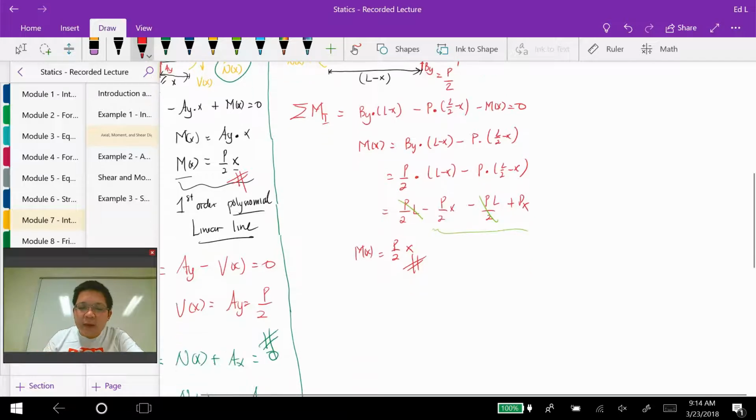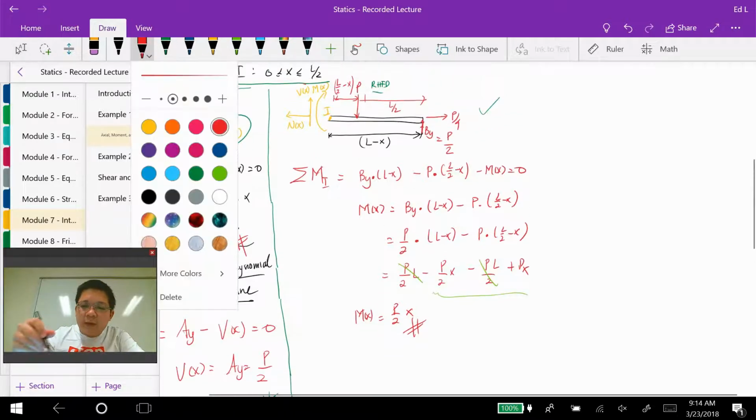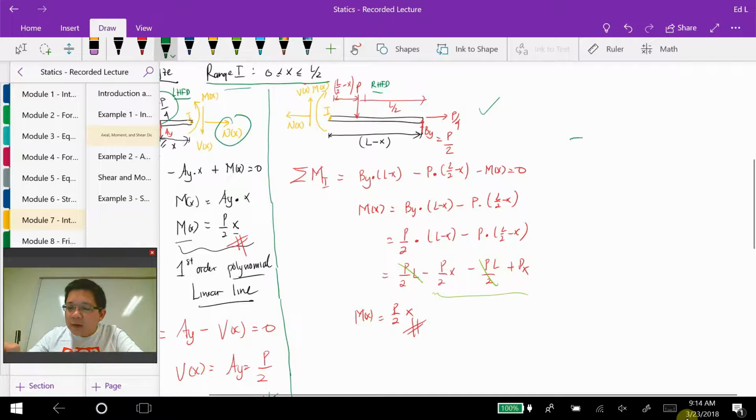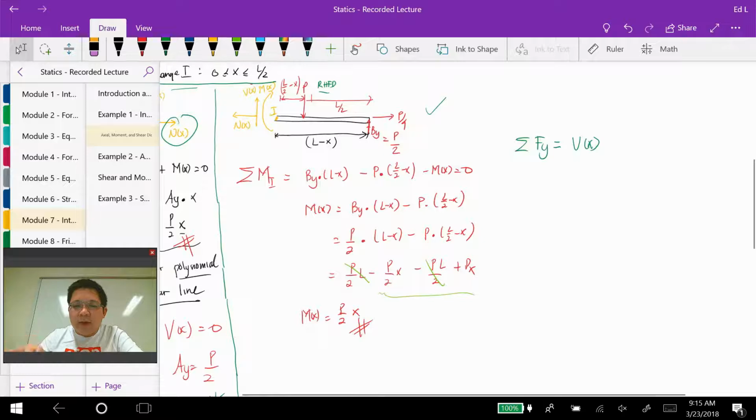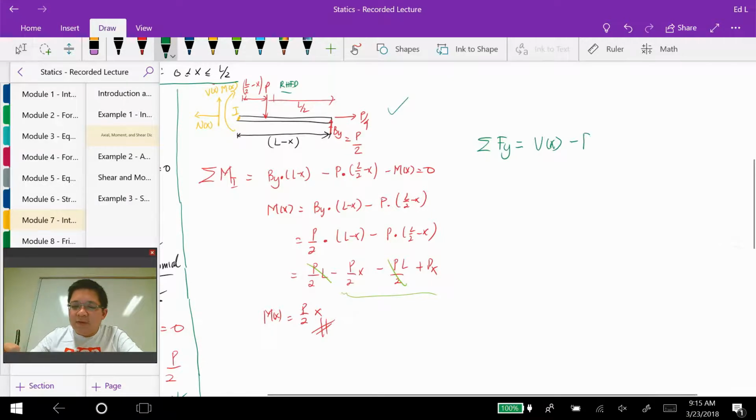Then we can continue with the sum of the forces in the y. We have V of x, and then here we have negative P plus By equal to 0. So my V of x is P minus By, which is P over 2.